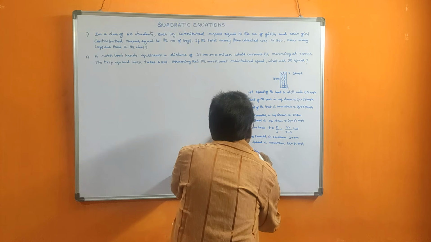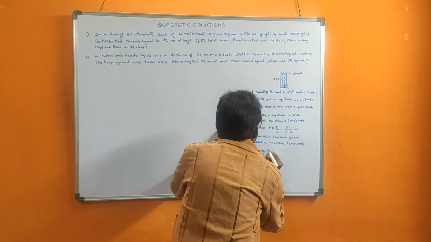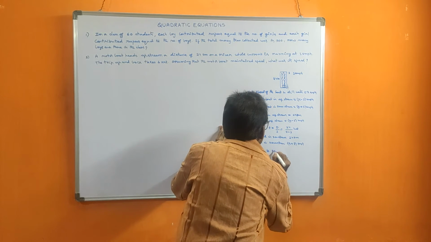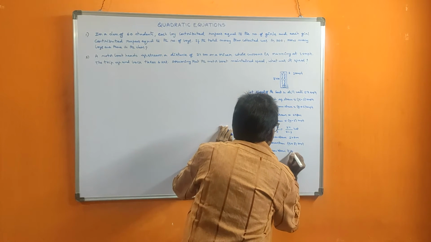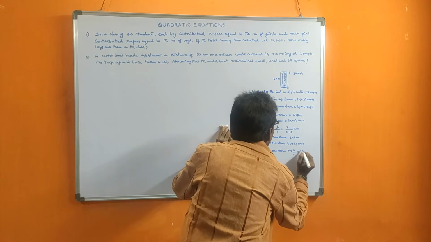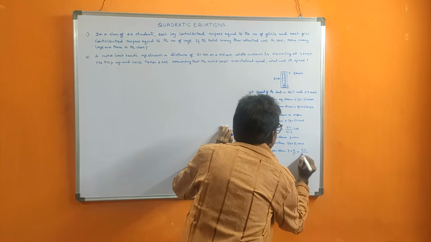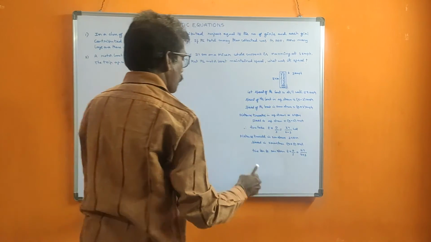Now time taken to go downstream, t is equal to d by s, so d is 24 and speed is x plus 3.